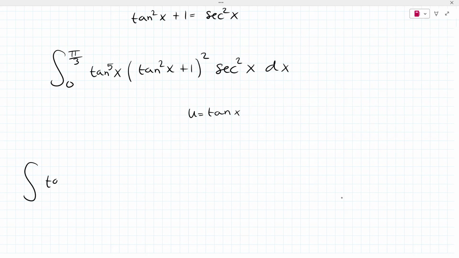We said that our u was tan of x and our du was going to be secant squared of x dx, right? So tan to the 5th of x is just going to be u to the 5. And then you're going to replace tan squared of x plus 1 with u squared plus 1, and then square that, and then you have du.